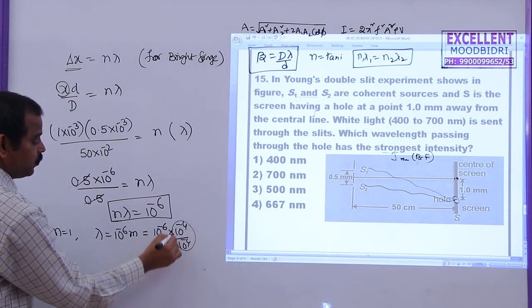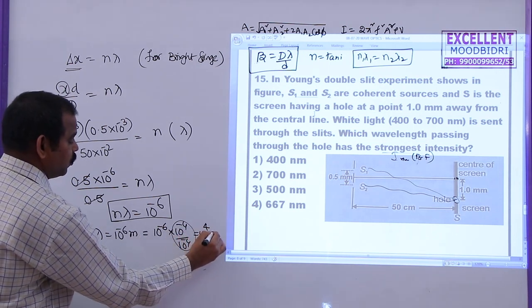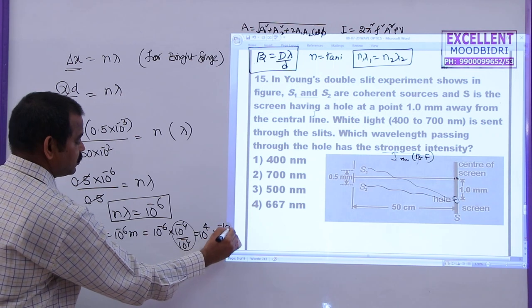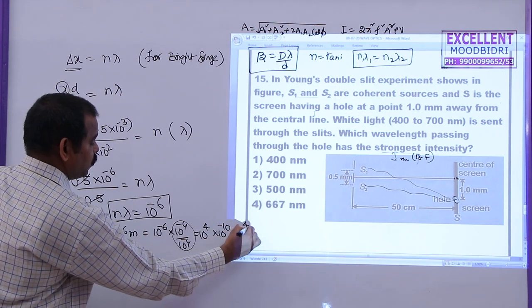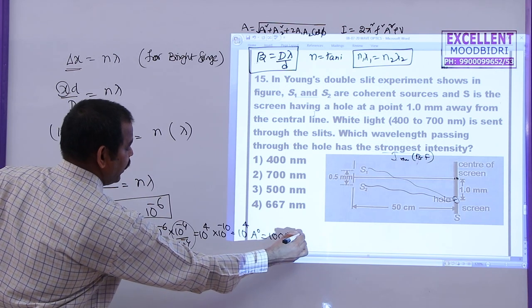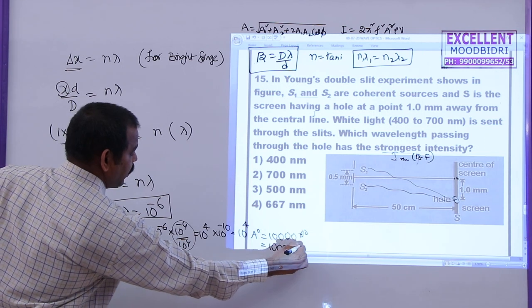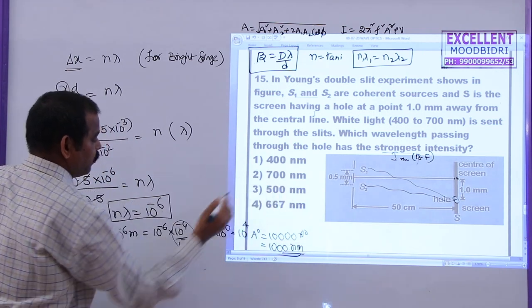So this will become 10 power 4 into 10 power minus 10, or 10 power 4 angstroms. So this is 10,000 angstroms, or you can write it as 1000 nanometers because these are given in nanometers.